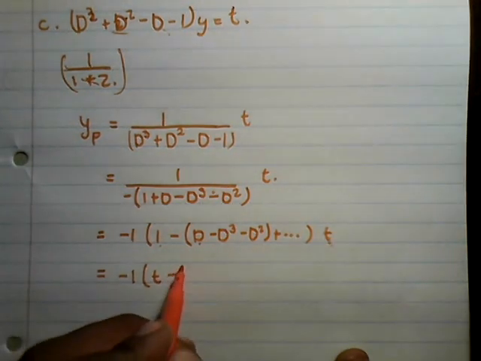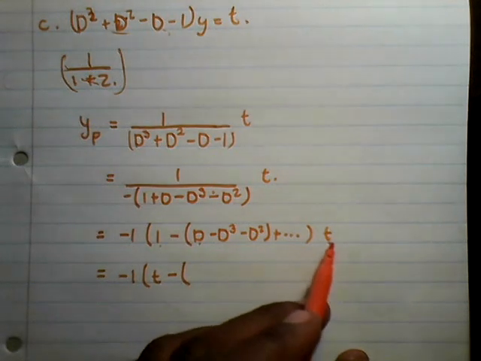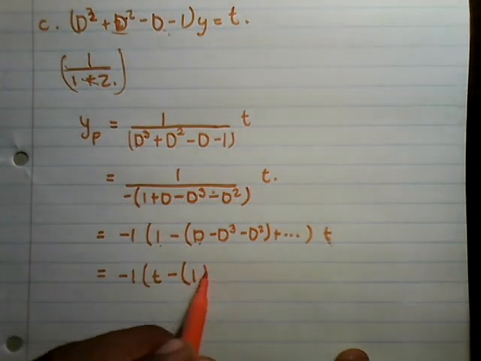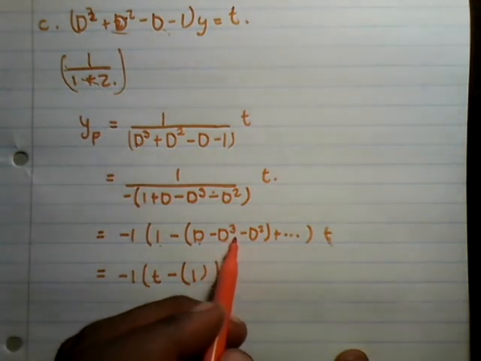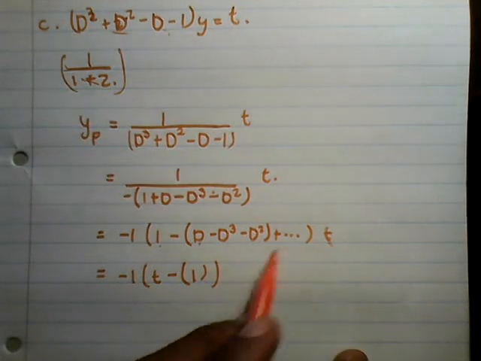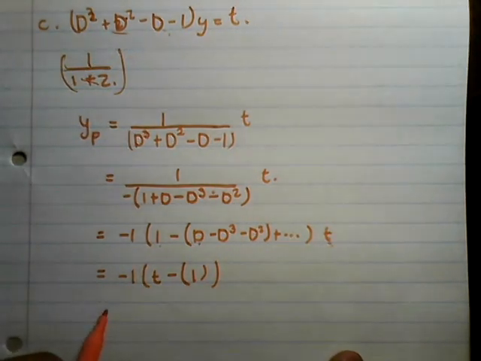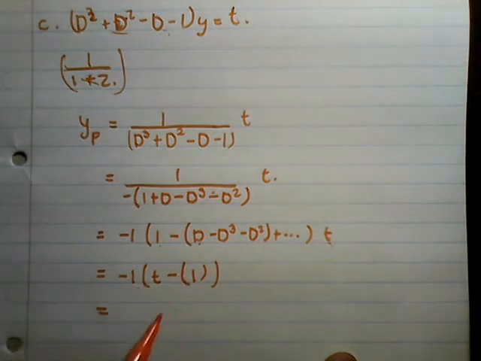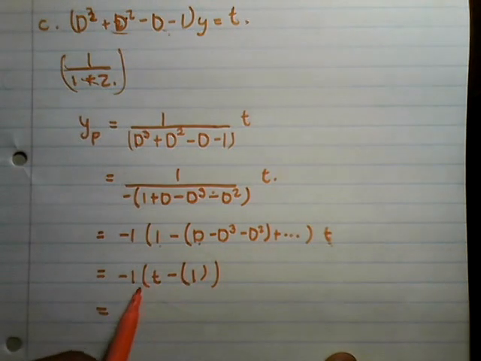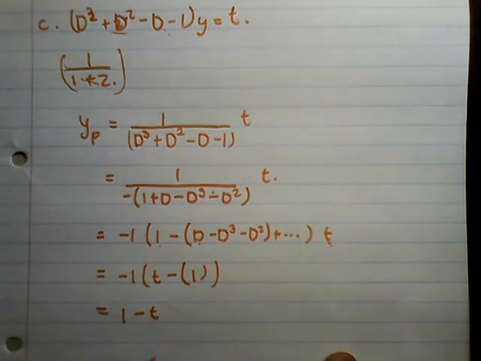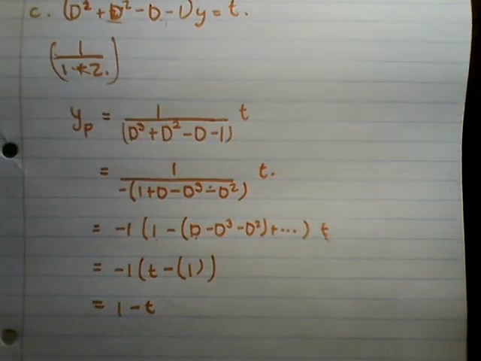So let me put a negative here, and put a 1 here. The third derivative of t is 0, so it ends here. When we multiply everything, we find 1 minus t. This is the answer for the particular solution of the question.